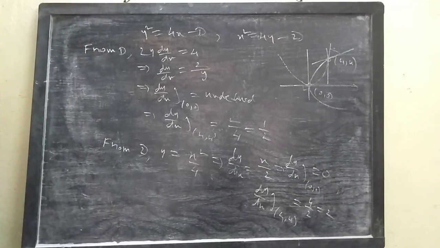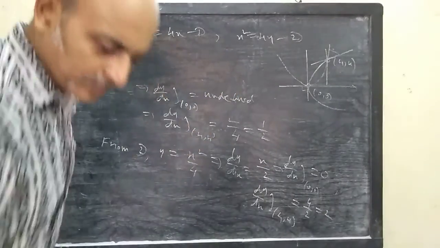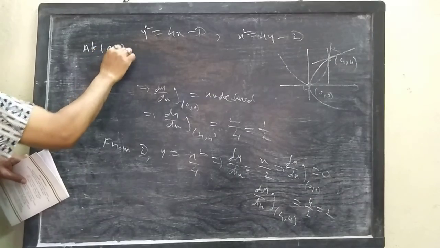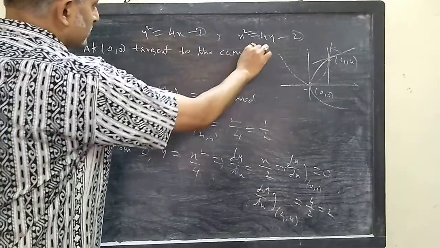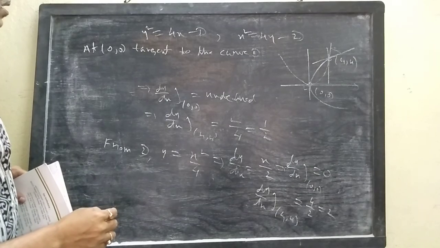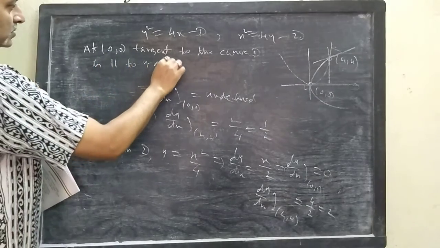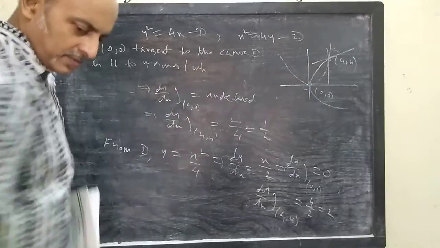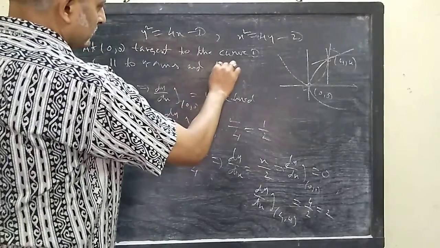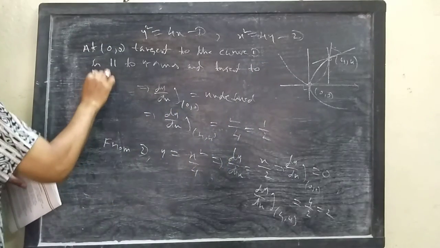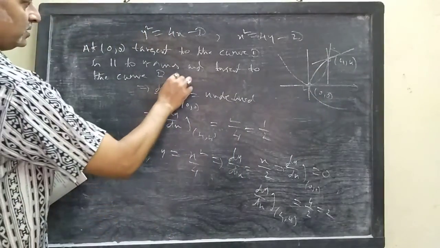Now write down, at 0, 0, the tangent to the curve 1 is parallel to the y-axis, which is actually the y-axis, and the tangent to the curve 2 is the x-axis.